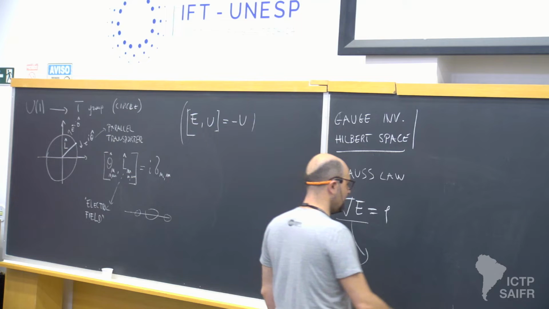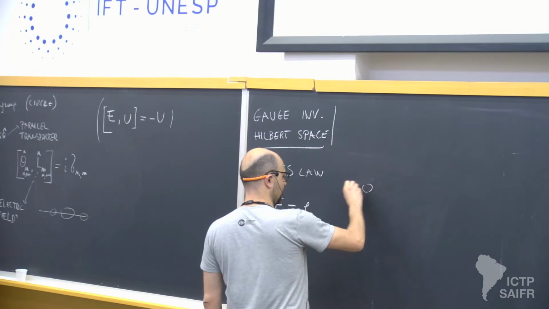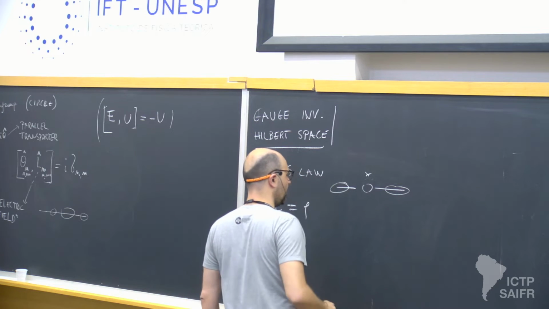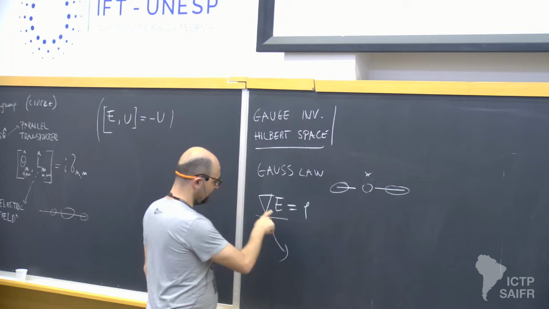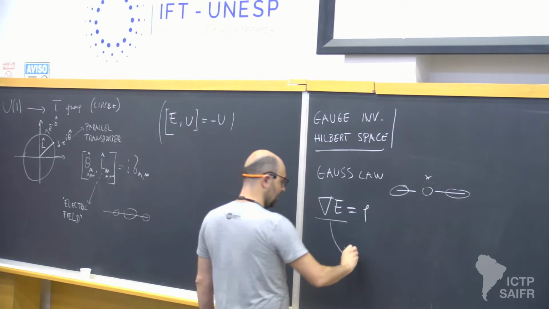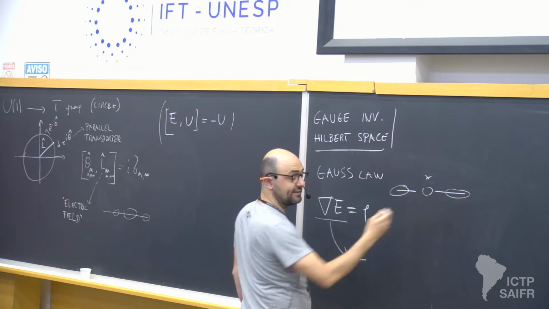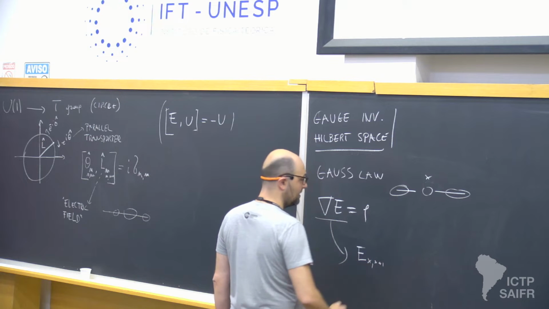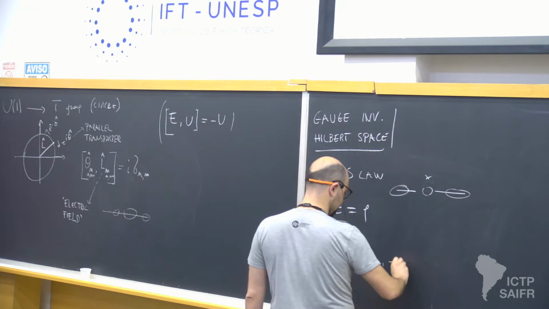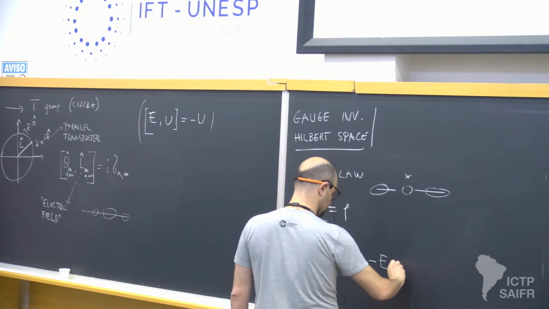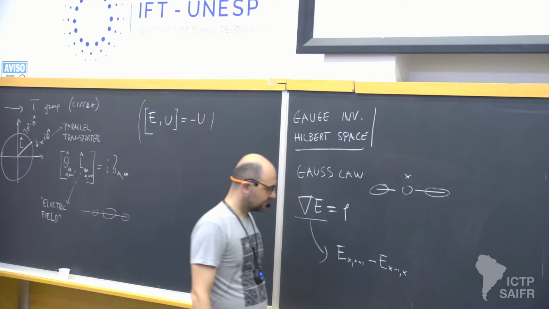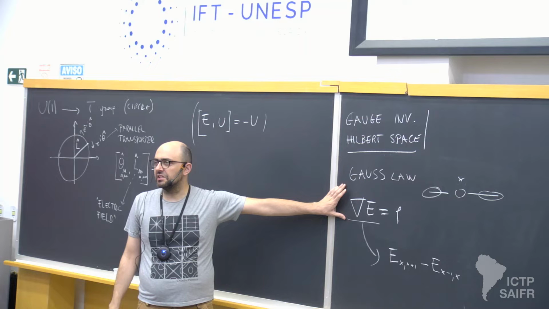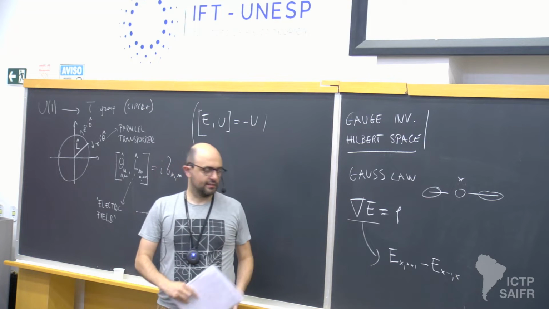If we have, for instance, a point X, and here we have our two electric fields, the derivative of the field will be the electric field on the right, between X and X plus 1, minus the electric field on the left, between X minus 1 and X. We're essentially doing a discrete derivative on the lattice.